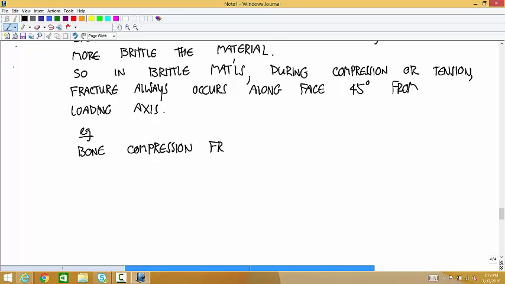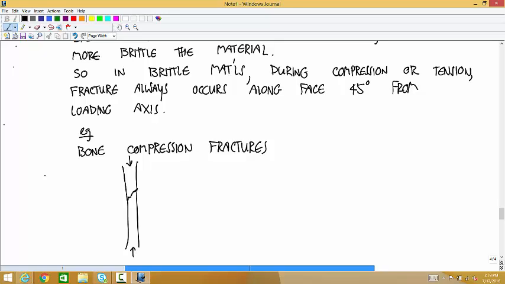It looks just like this. Bone is a really brittle material, and so if that's your tibia or your femur, the fracture looks like that. It's at an almost perfect 45 degrees from the loading that happens like this.